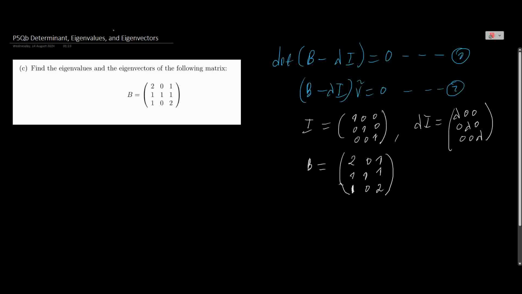Great. So now to get the value of B minus lambda I, we're simply going to subtract corresponding components.